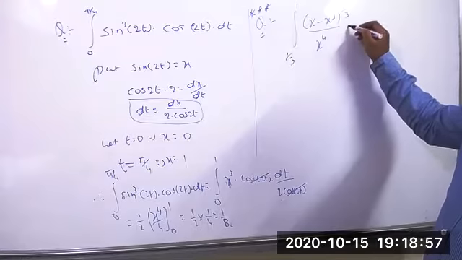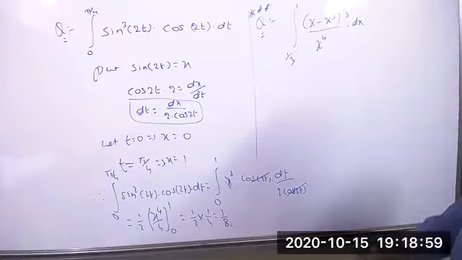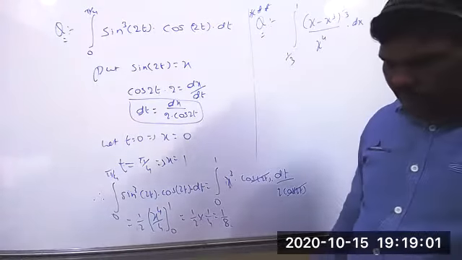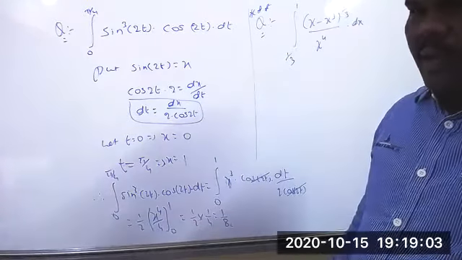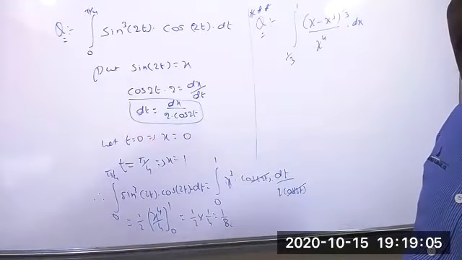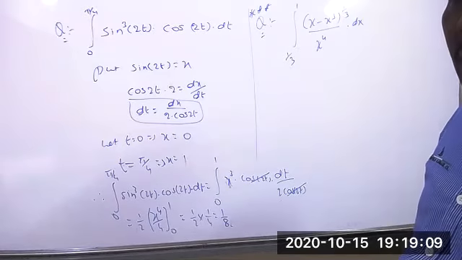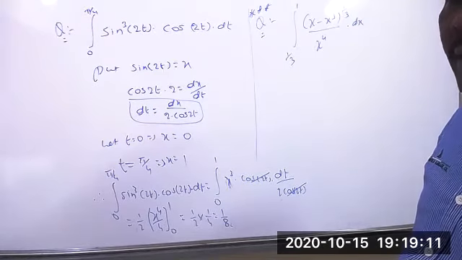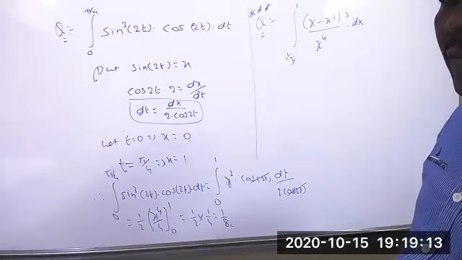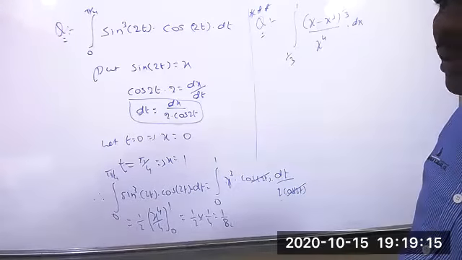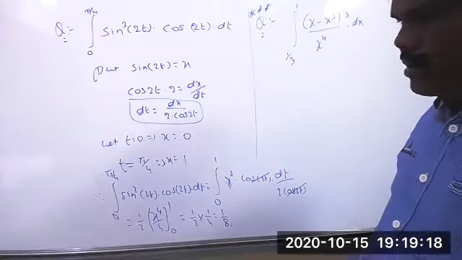Here, this kind of question, we definitely do not get an idea directly. Integration of 1 by 3 to 1, x minus x cube whole power 1 by 3 by x power 4 into dx.